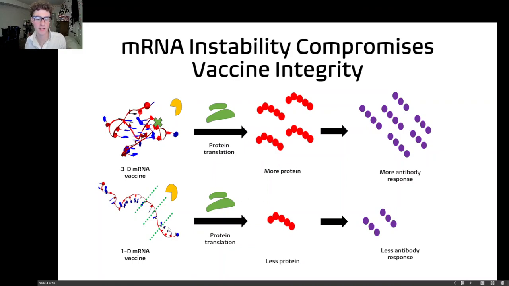If your vaccine becomes unwound and single-stranded, like in the case of altered pH, different salt conditions, or temperature increase, you just basically have less protein generated because it will become degraded faster. Less antibodies, and if you get infected, you better hope it's not a severe illness.